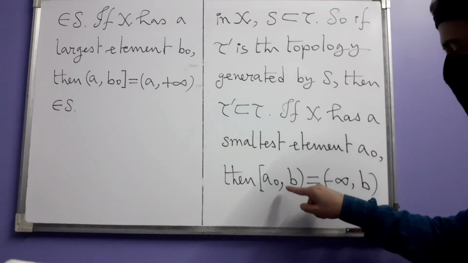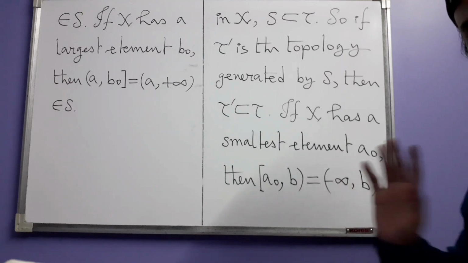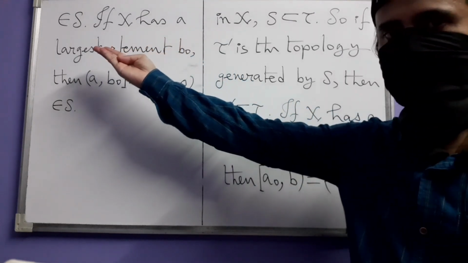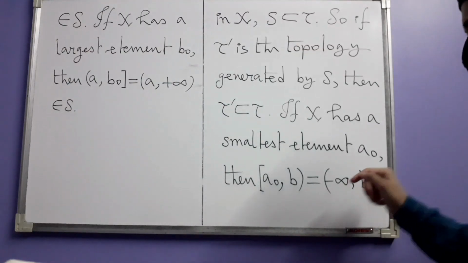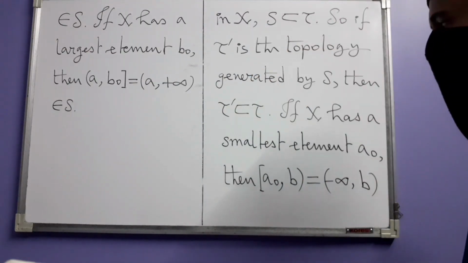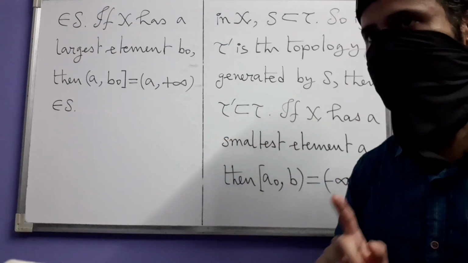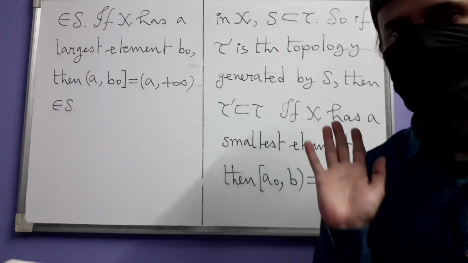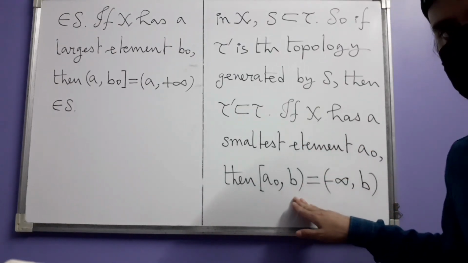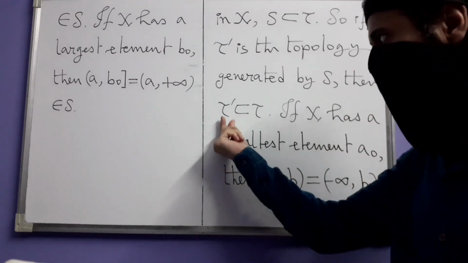But note that this is nothing but this open ray (minus infinity, b), and this is already an element in S. And being an element in S in particular means that it is also an element in tau prime, the topology that the subbasis S generates.